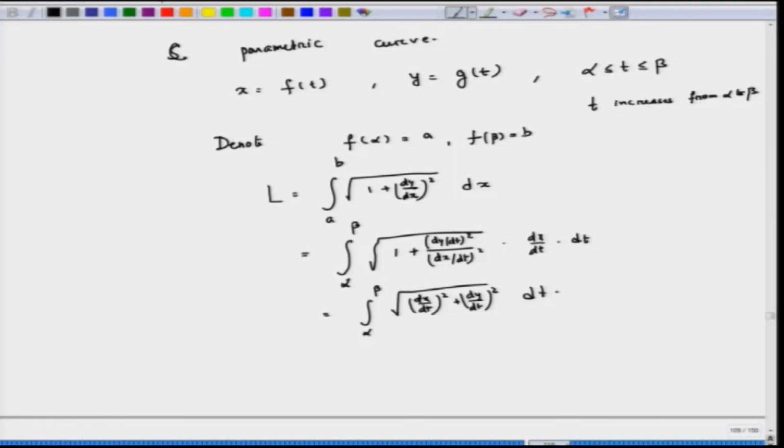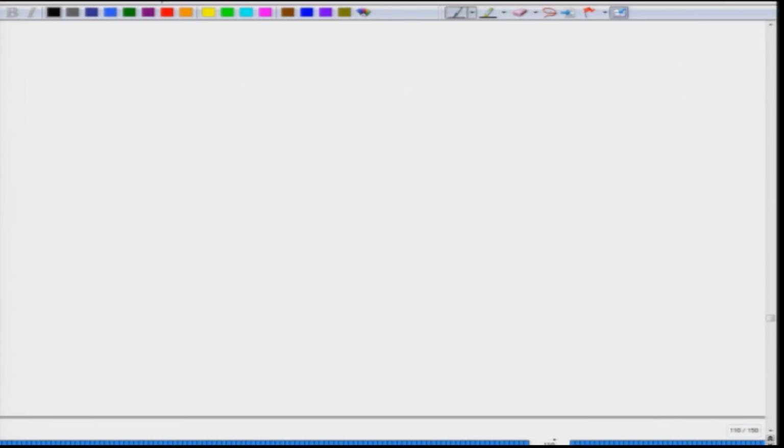So, let me write down the statement. This is the theorem.